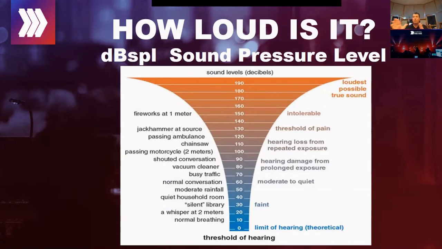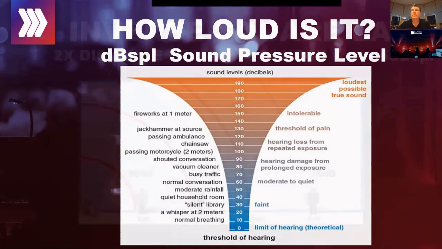A comfortable concert listening might be 95, 100 dBspl. And then that jet airplane going over my head, that gets us into that 140, maybe even 150 dBspl. Threshold of pain. That's where actually it physically hurts me absorbing those sounds.